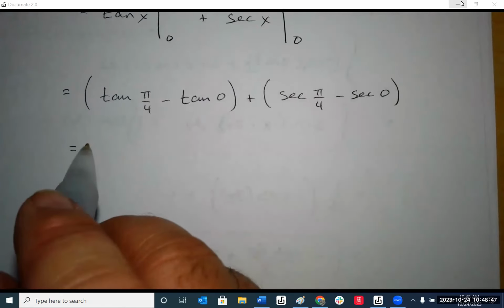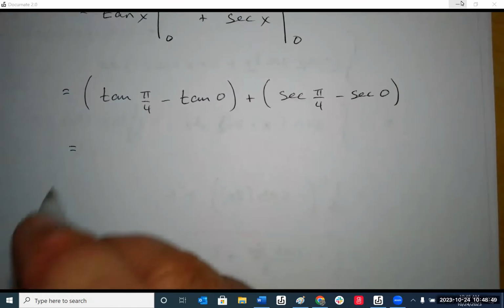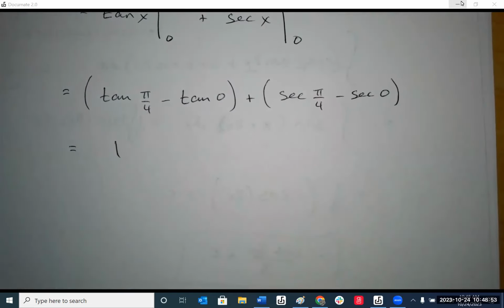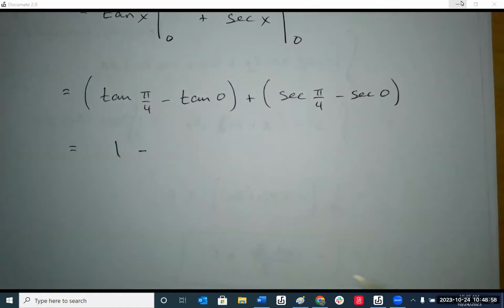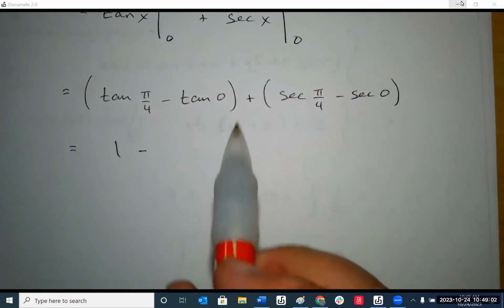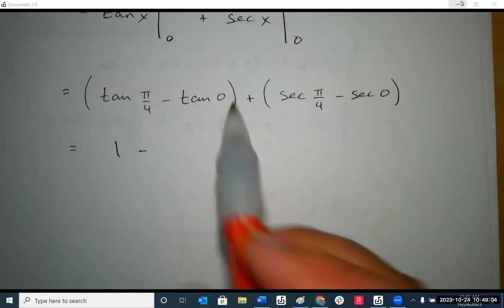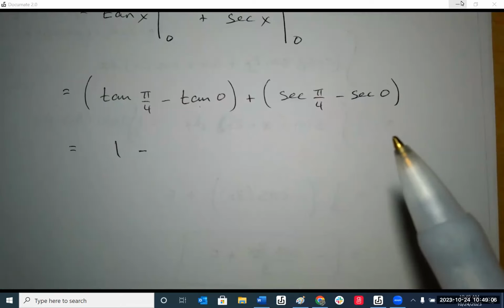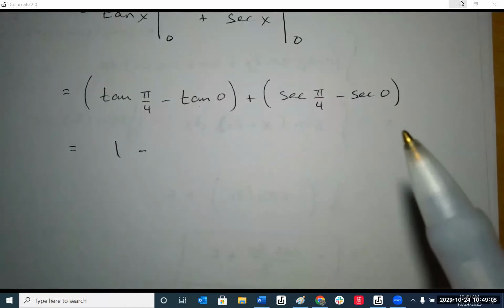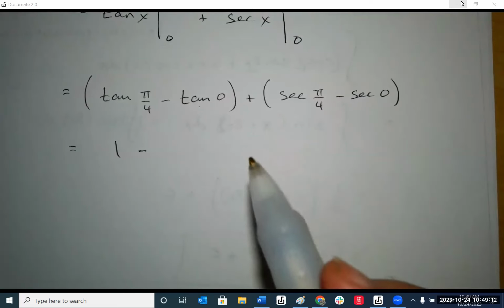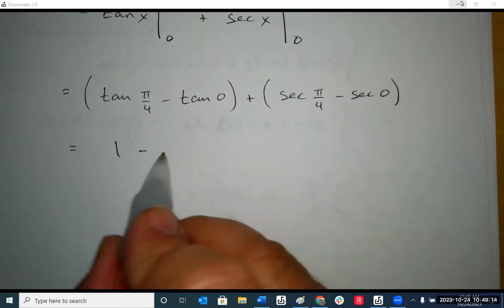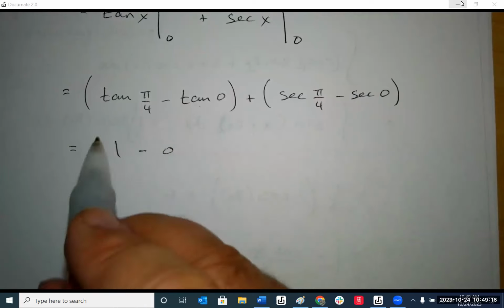Tangent of pi over 4 is sine over cosine at pi over 4, which is 1. Tangent at 0: what's tangent at 0? Sine of 0 over cosine of 0 is 0.